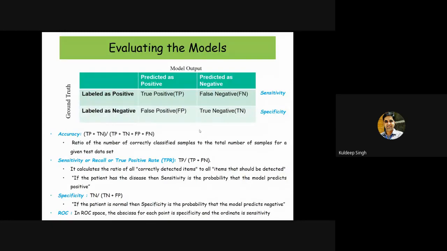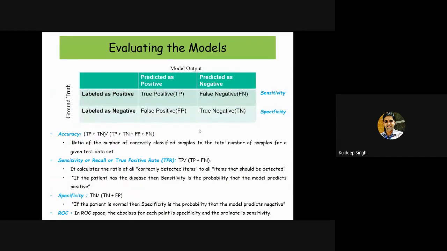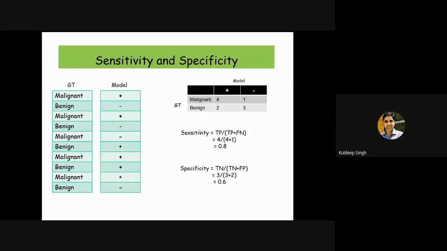Then we have the ROC curve, the receiver operating characteristic curve, which is basically a graph between sensitivity and specificity. So with this example, let's calculate sensitivity and specificity. Given the ground truth of 10 images, the model is giving us this output.